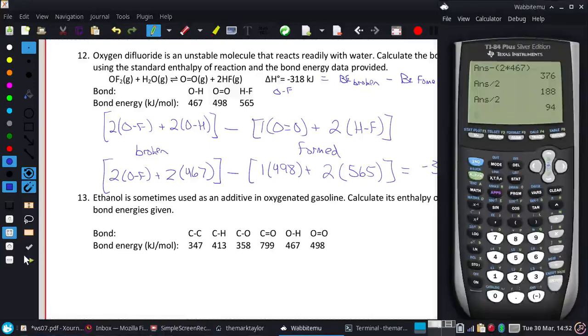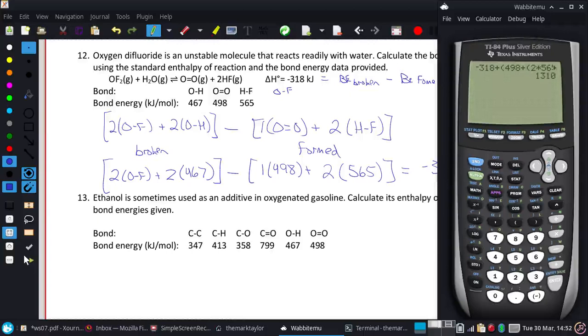Bring up the calculator here. So we have that negative 318. And I'm going to bring this over, so get rid of that sign and add 498 plus 2 times 565, gives me this.